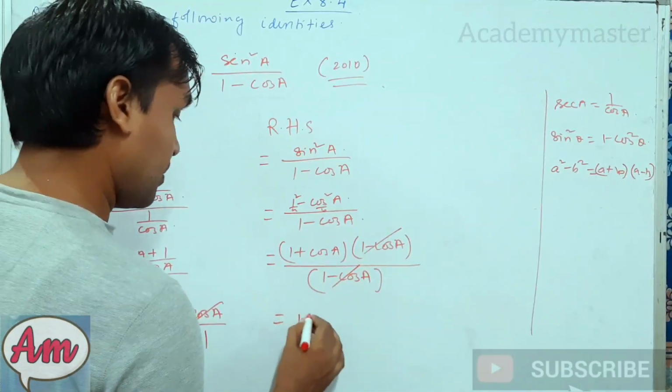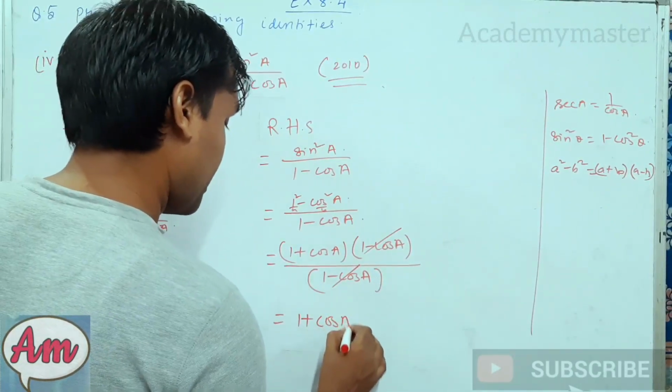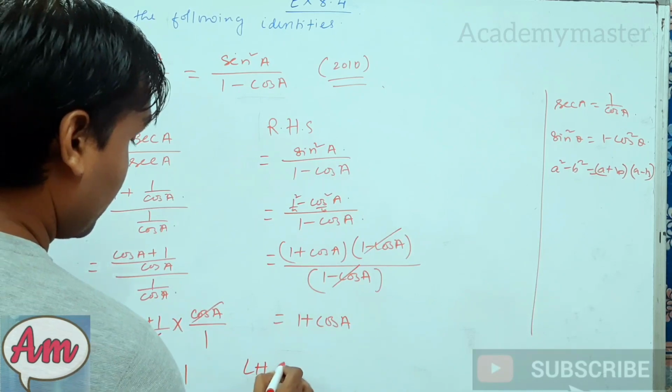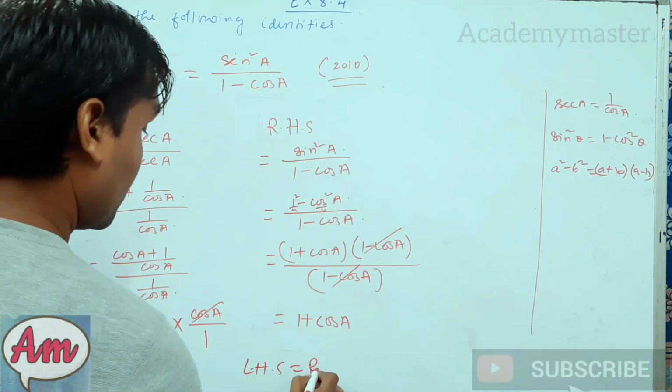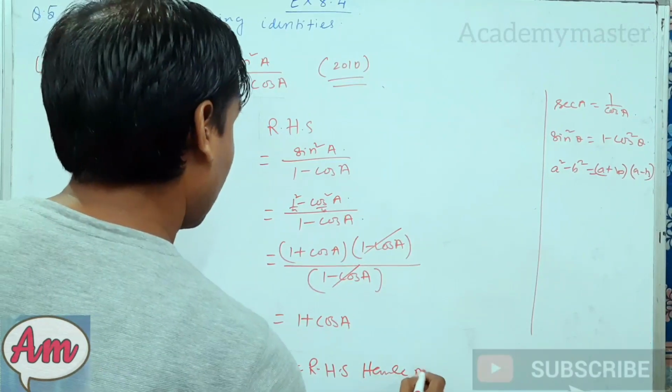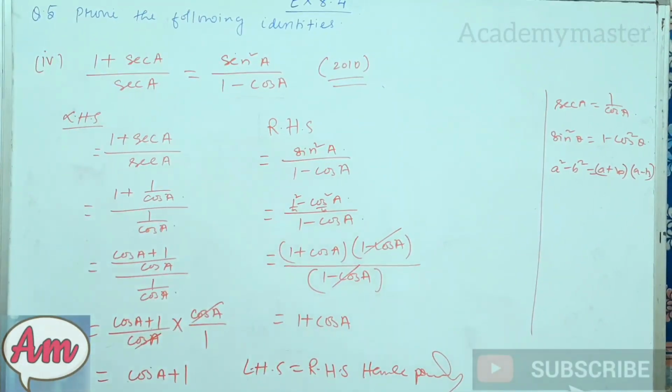So what is left? 1 plus cos A. So we have proved LHS and RHS both are coming equal. So we'll write here LHS equals to RHS, hence proved. Got it? So you can pause the video, dear students, and you can take it down.